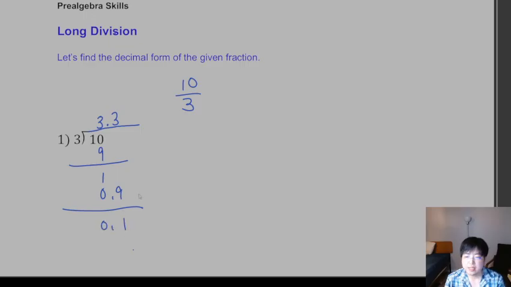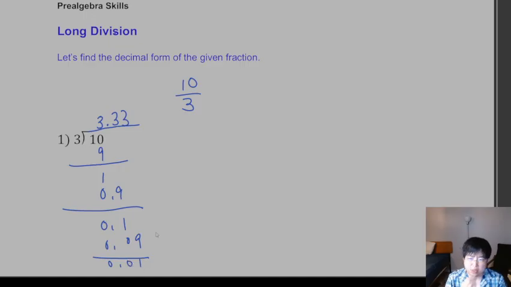Then we repeat the same process. Then 3 times 0.01 will be 0.03. But we can do better than that, again, by assigning 3 to the hundredths digit, which means 0.03 times 3 will be 0.09. Then next is going to be 0.01.